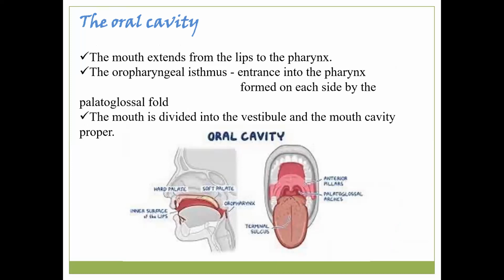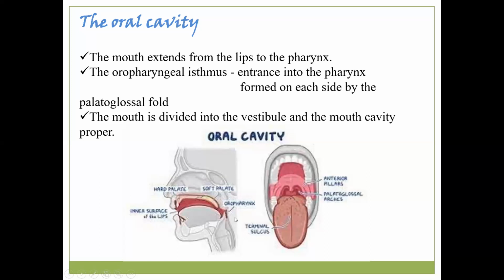So when we come to the oral cavity, as we have mentioned earlier, the mouth extends from the lips to the oropharynx. You can see this in the cross-section picture.